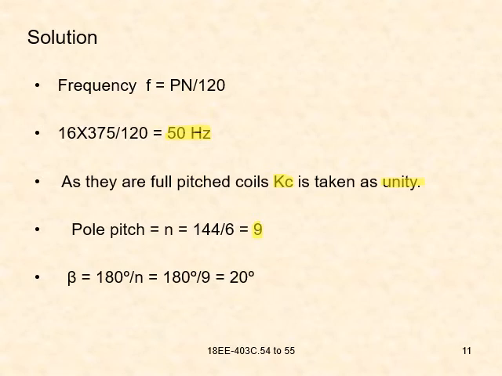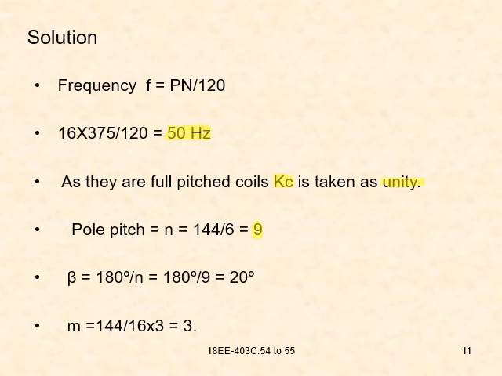And we know that the value of beta is equal to 180 by n, and n is the pole pitch, that is 9, so 180 by 9 is 20 degrees. The value of m is the number of slots per pole per phase.